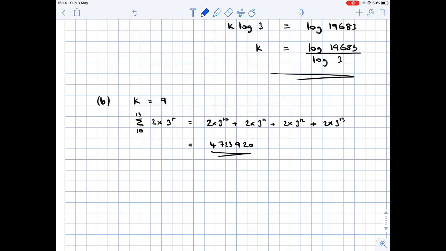Now, had you wanted to do the summation formula, we would need to have done the following. To find from the 10th term to the 13th term, we would need to have found the sum from the first term to the 13th, and from that we would need to have subtracted the sum from the first term to the 9th term, which would have left the 10th, 11th, 12th and 13th.